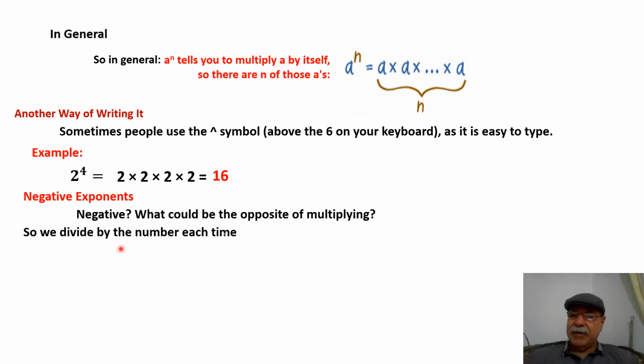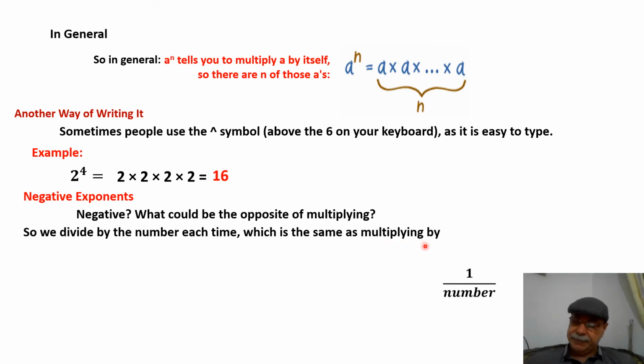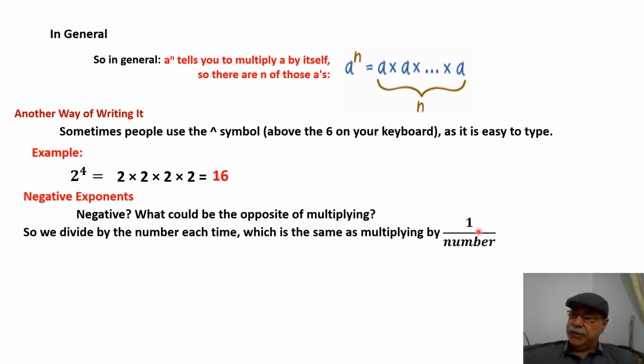So we divide by the number each time, which is the same as multiplying by 1 over the number, like this, 1 over number. This fraction means division. When you see the power here, 2 to the power minus 4 means 1 over 2 to the 4. Like this, you see, example.